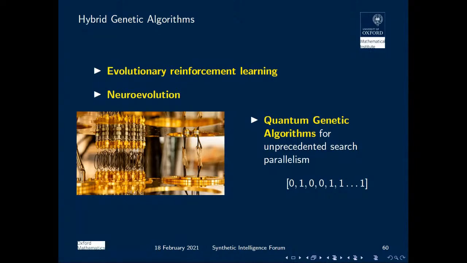But each gene, each element of the vector, is still either 0 or 1. And if you shift to the quantum paradigm, you can have some very unprecedented parallelism. And I would really be surprised to see the speed at which quantum genetic algorithms could be solving these problems by considering many things at the same time.